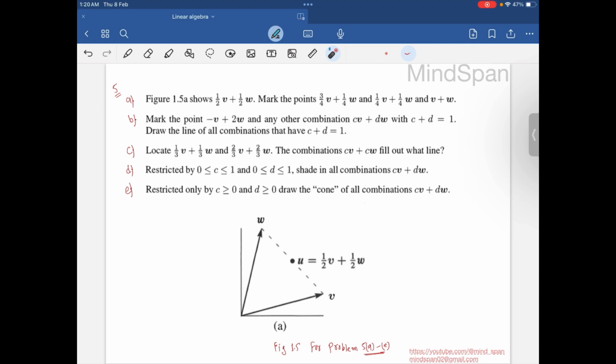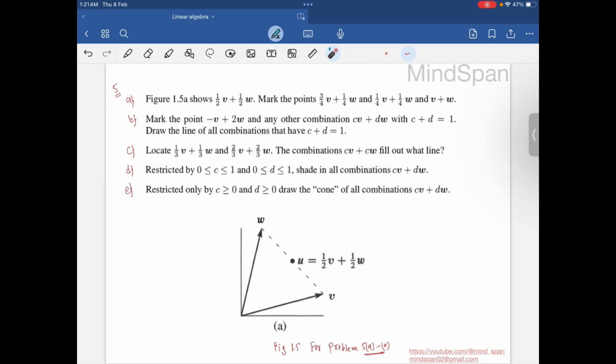If you take this C from 0 to 1, and D from 0 to 1, then what kind of space will be given by the linear combination of this CV plus DW, right? So you will have an idea that if I am restricting the C and D values from 0 to 1, then what kind of space you will get.